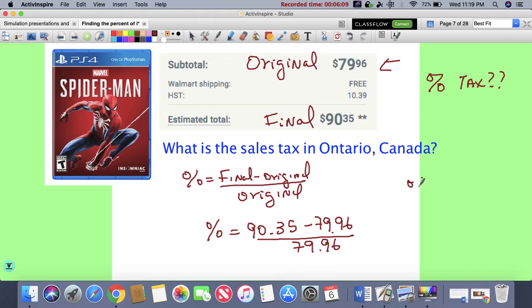Let's continue. So the percent equals 90.35 minus 79.96, and then we're going to divide that by 79.96, and we're going to get in the calculator 0.1299, or if we change that to percent, 12.99%.